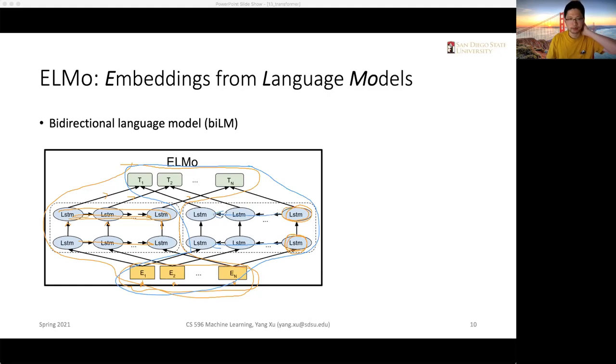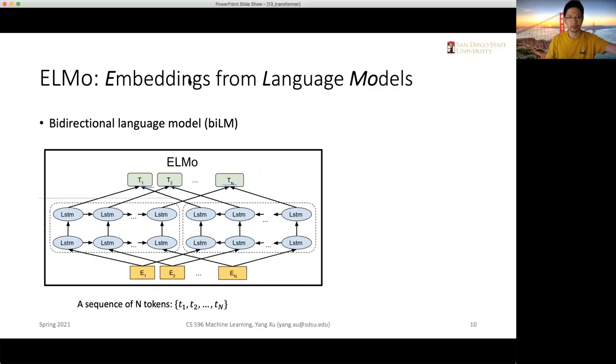The output from this second-layer LSTM is used as outputs, and these two outputs are concatenated or summed up as the output for the final token. So T1, T2, and Tn are the output representations for each input token. That is the so-called ELMo model and the ELMo representation technique. These tokens, T1, T2 to Tn, are used in the prediction tasks.